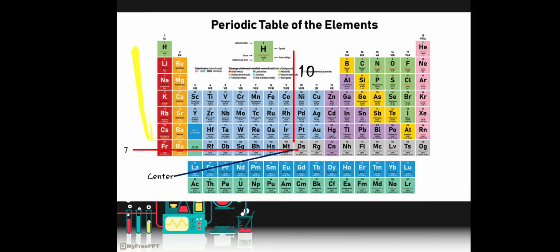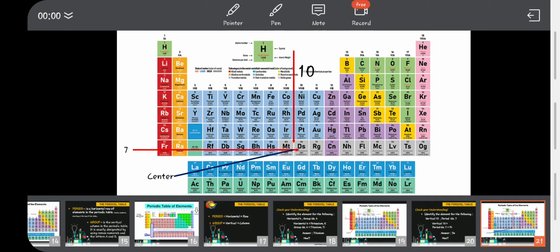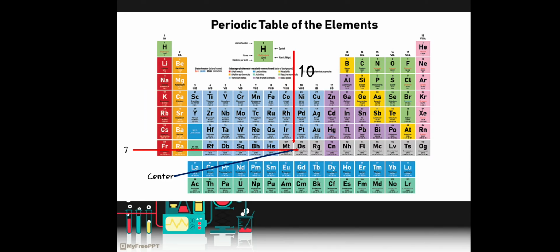Count: hydrogen 1, lithium 2, sodium 3, potassium 4, rubidium 5, cesium 6, and the francium 7. So, in that line, count 10 vertically. 1, 2, 3, 4, 5, 6, 7, 8, 9, 10. So, this is your vertical 10. The element that is in vertical 10 is DS, or the palladium. Always remember that one.